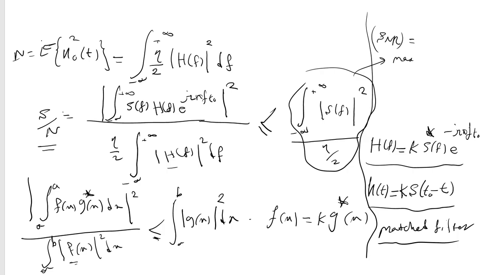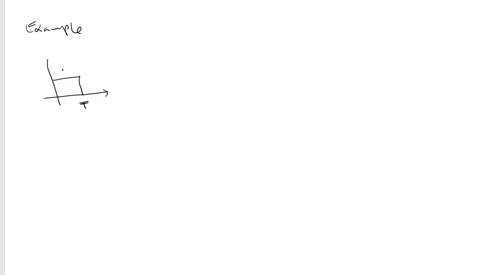Based on Parseval relation, this is the energy of signal and this is the noise spectrum level. And this term is the maximum signal to noise ratio. Consider a pulse with duration T and amplitude 1.